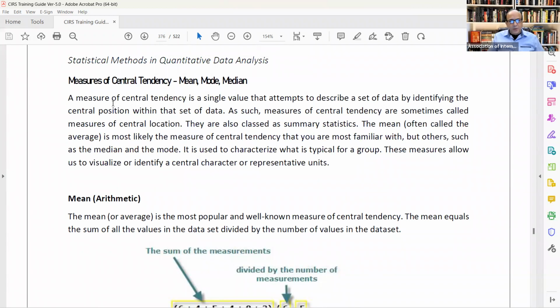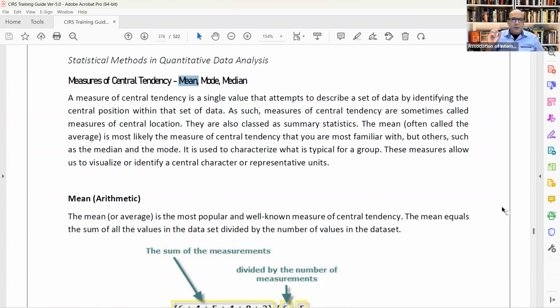I'm just going to give you an idea. One of the things in statistical methods is that we understand what is mean, mode, and median. Mean means average of numbers.